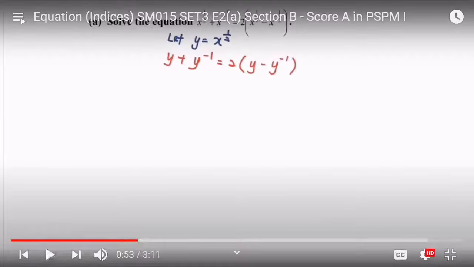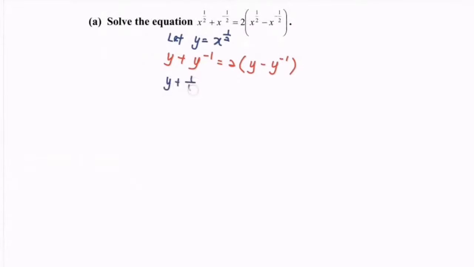Faham tak? Cadangan cara nak menjawab. Kalau saya nampak beginilah. So, jangan risau. You cuba untuk adapt. Iaitu, boleh buat begini. Let. So, kalau untuk soalan ni, jangan lupa apa? Refer balik you punya properties atau rules of indices. So, di sini, rules of indices sangat penting. Y plus 1 over y equals to 2 multiplied with the y minus 2 over y.